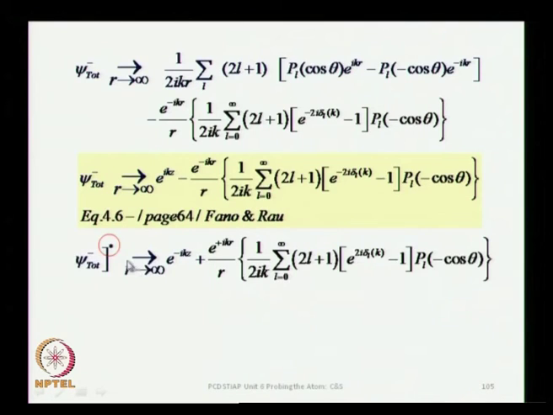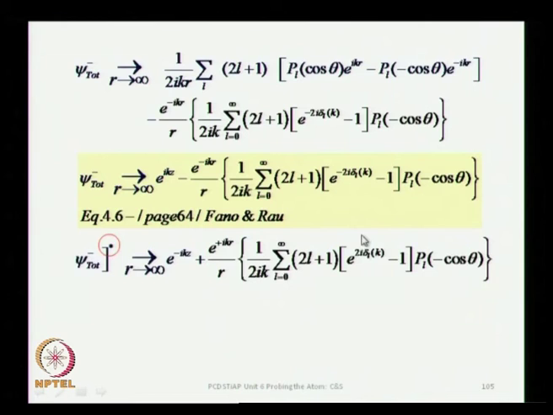So you do a complex conjugation, so e to the ikz goes to e to the minus ikz, e to the minus ikr goes to e to the plus ikr, there is a minus sign here and a 1 over i here, so you get a 1 over i here but with a plus sign, okay, that is because of the complex conjugation, right. And from this minus sign you get a plus sign here, okay.